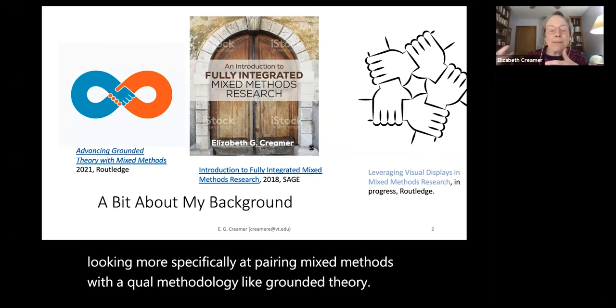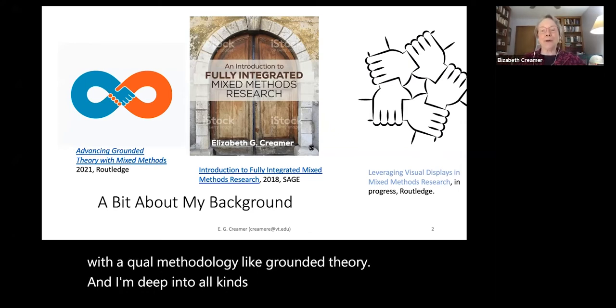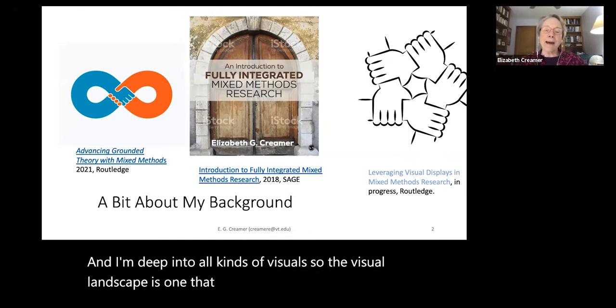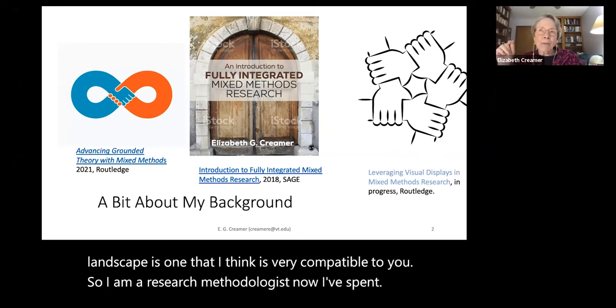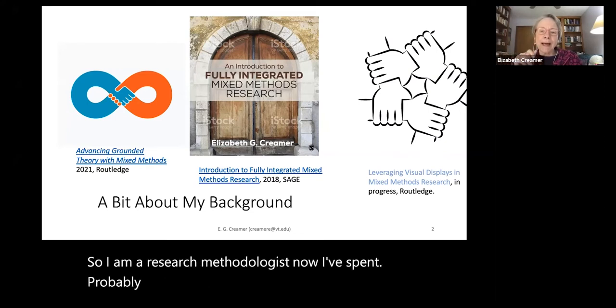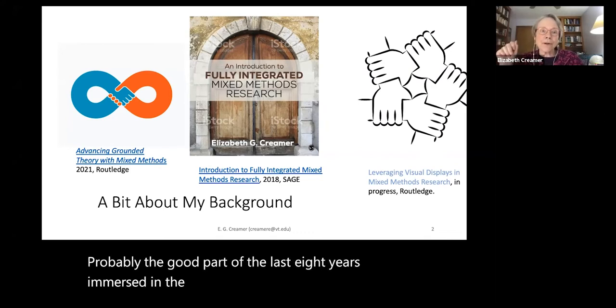And now I'm deep into all kinds of visuals. So the visual landscape is one that I think is very compatible to you. So I am a research methodologist now. I've spent probably the good part of the last 8 years immersed in the mixed methods literature.